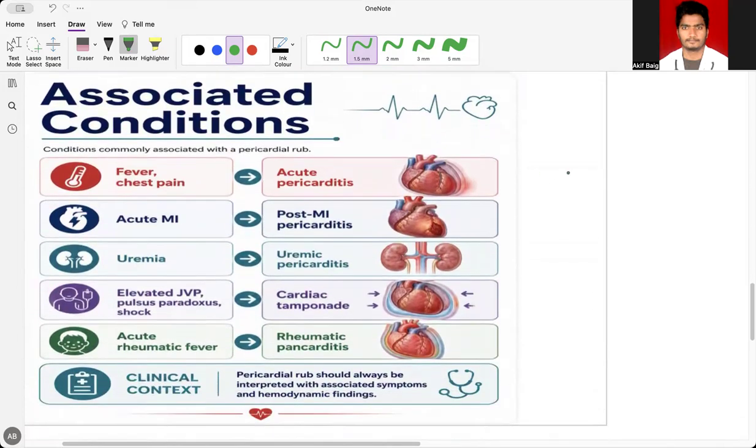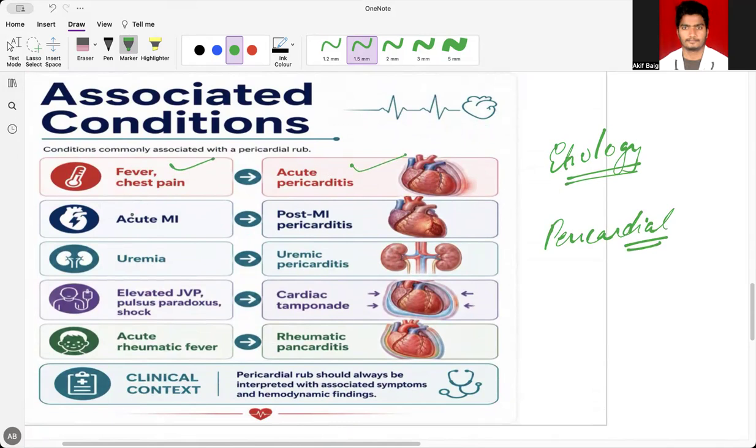Coming to the etiology or diagnosis: suppose a pericardial rub is present, based on the symptoms, how can we say which disease the patient may have? Suppose the patient has fever and chest pain with a pericardial rub, you will suspect acute pericarditis.